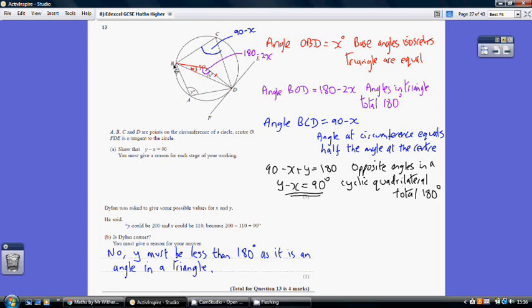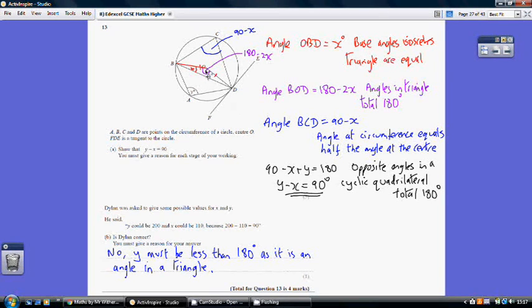So looking at triangle BOD, we can see that this angle OBD must also be x because base angles of an isosceles triangle are equal. Now, if these two base angles are both the same, then this angle BOD must be 180, take away 2 lots of x, because angles in a triangle add up to 180 degrees.